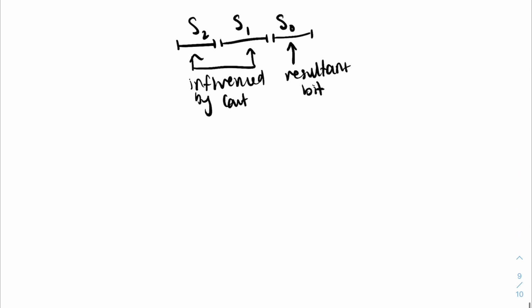So let's think about why that would be the case and start drawing some circuitry here. So I'm going to need 3 full adders just to get this resultant bit first, and then we can talk about the 2 higher bits.